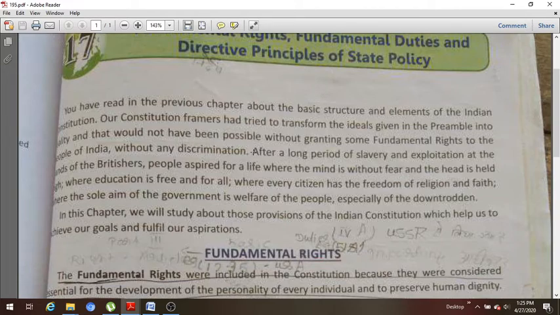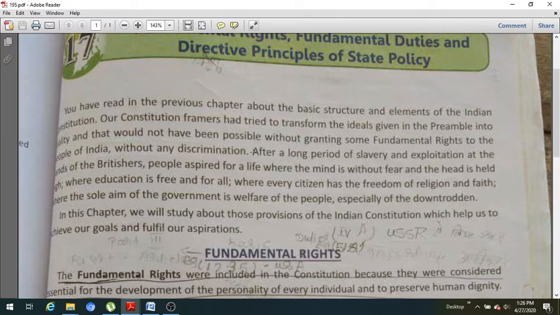So, the previous chapter was about the Indian Constitution, where we have talked in detail about the historical background of the framing of the Indian Constitution, basic features of the Indian Constitution, sources of the Indian Constitution, and we have also talked in detail about the preamble of the Indian Constitution.